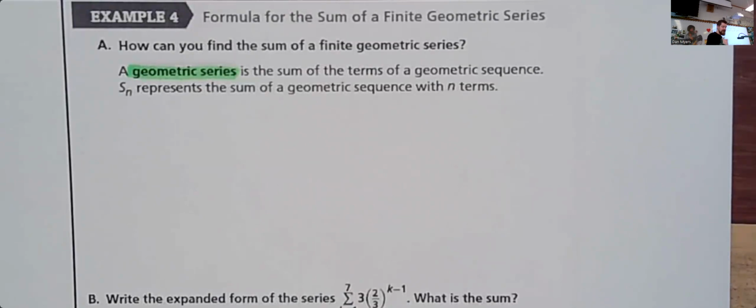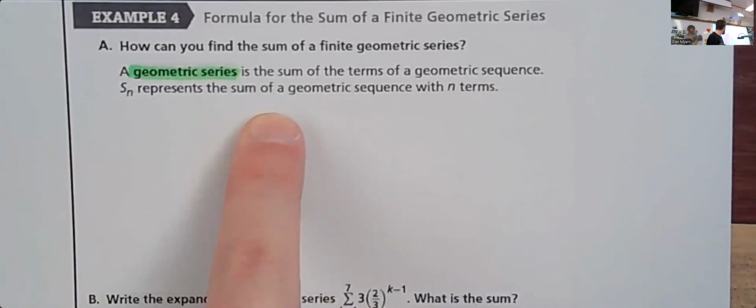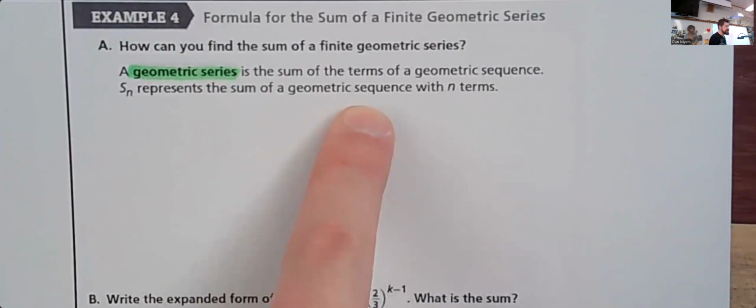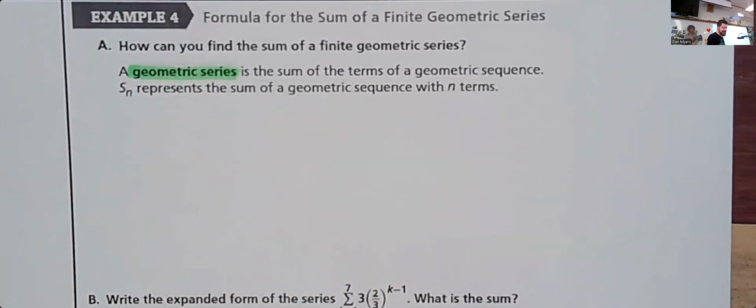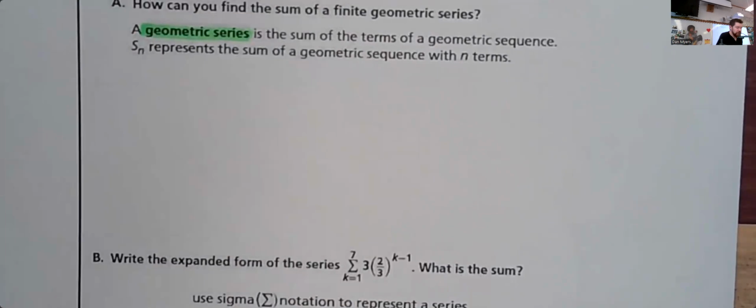So S sub n represents the sum of a geometric sequence with n amount of terms. I want you to write this down. I'm going to show you how this is actually developed. Think about how that would actually work.